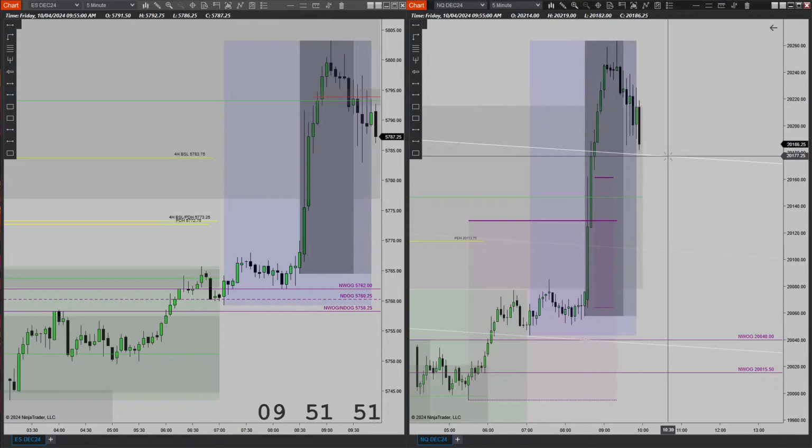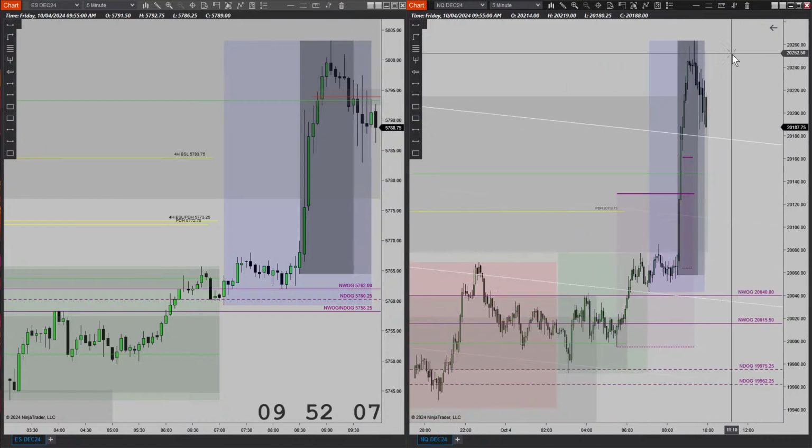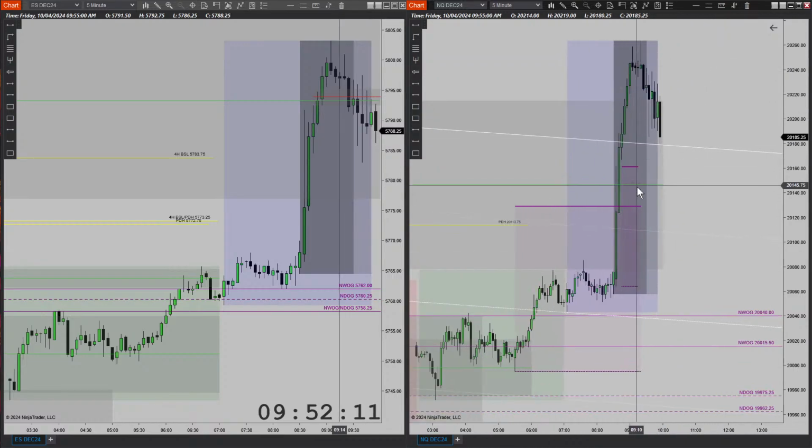All right, we're seeing something here. We swept this low. So now I want to see continuation, and I want to see this get sliced through. And then this right here, which is 50% of this area here. So we'll see.